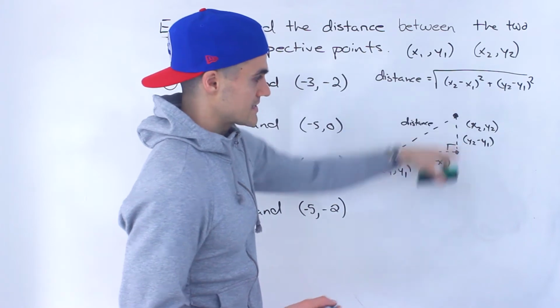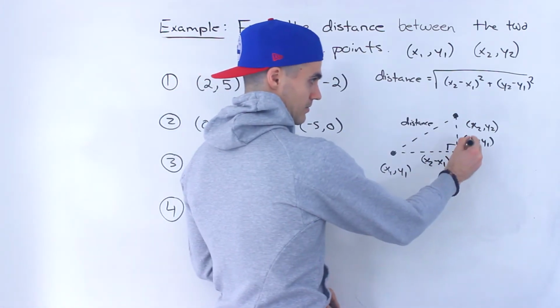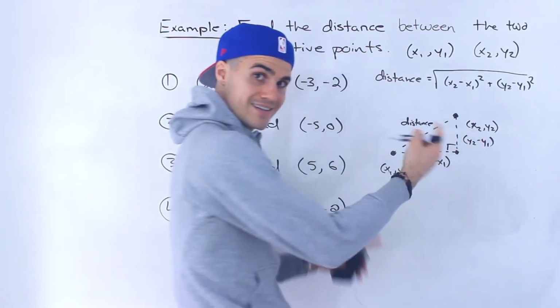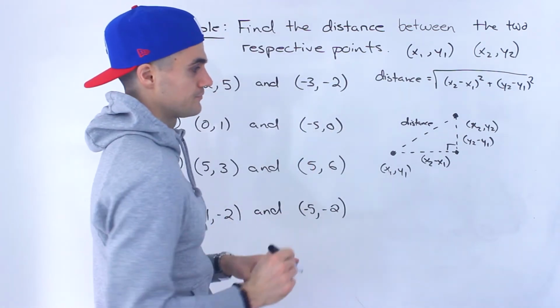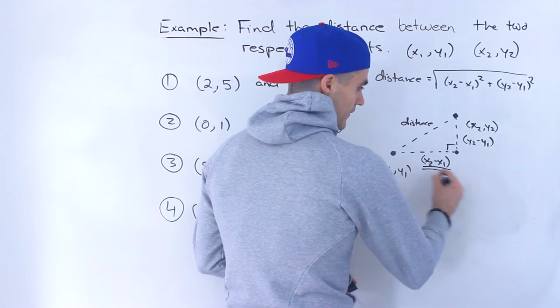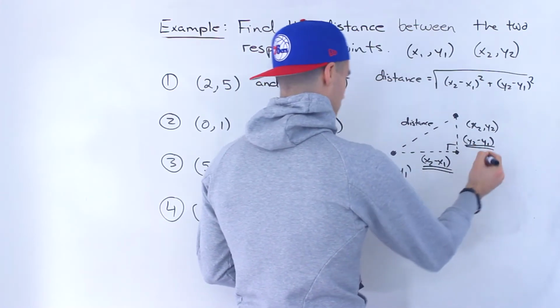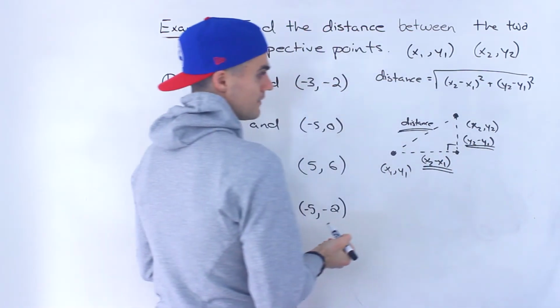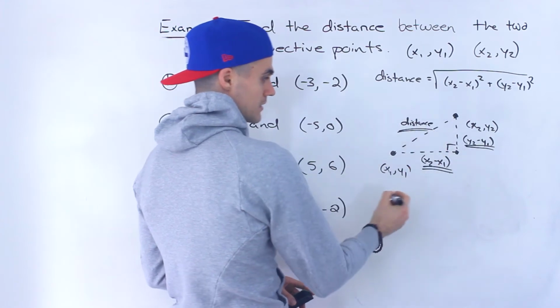So we have an expression for this side, an expression for this side, and this hypotenuse we just let be distance.